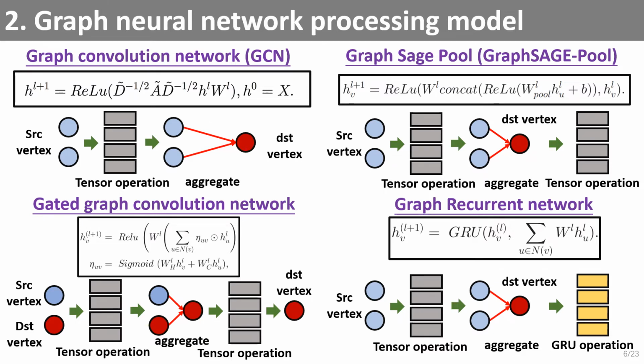And for the graph CG model, the destination vertex also needs a tensor operation. Unlike the first 2 models, the source and the destination vertices on the gated GNN model need to perform a tensor operation together. For the GNN model, the destination vertex is used to perform a GRU operation.